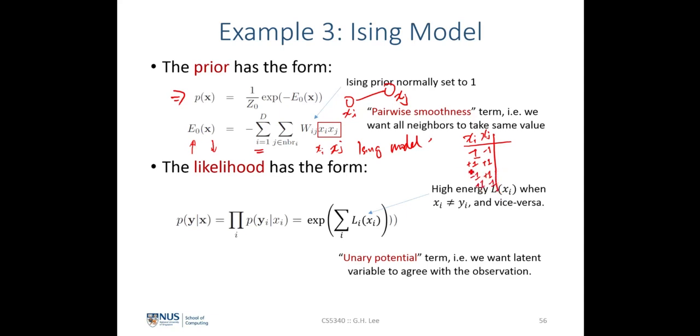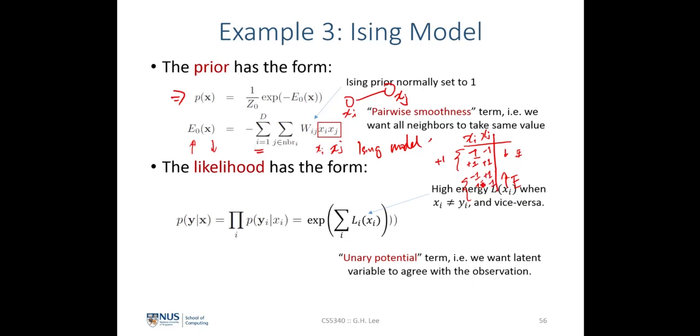In the case where they are taking the same label, we want to minimize the energy. In the case where they are taking different labels, we want to increase the energy given by E0. If both of them are taking the same sign, the product of these 2 states will end up to be +1. So when it's +1, this term will become w_ij, and there's a negative sign, so this will become negative w_ij.